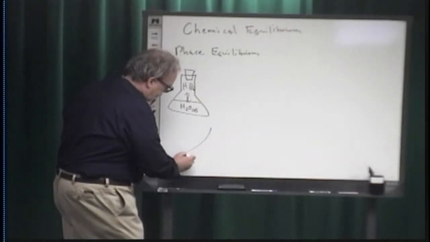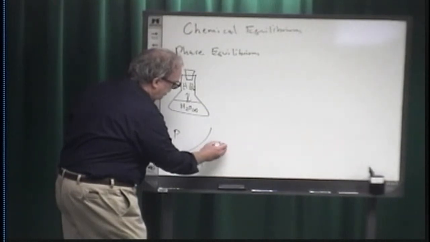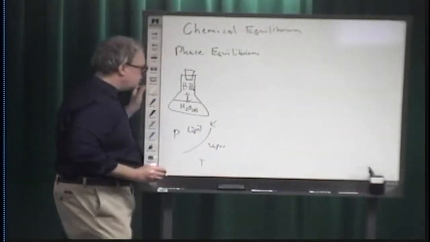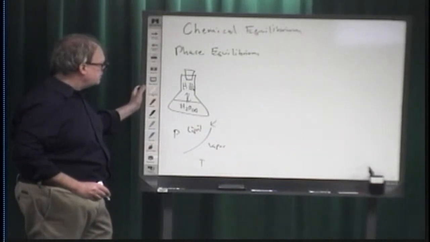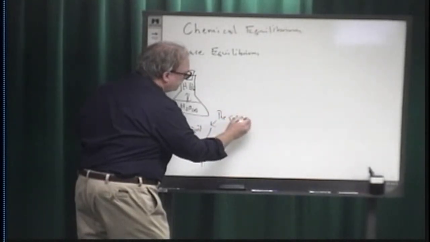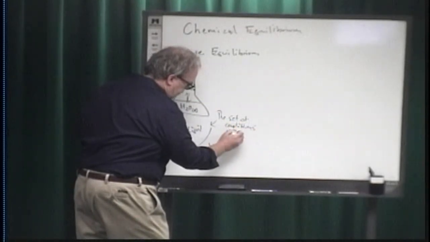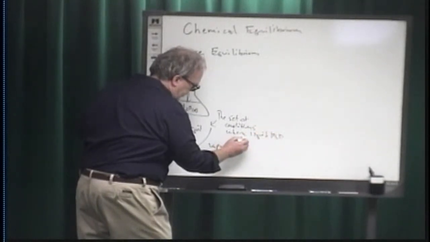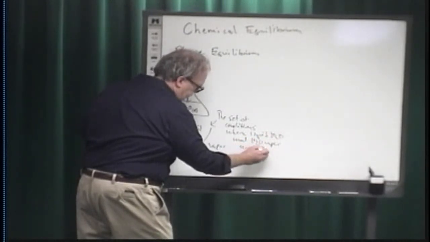And if you look at the phase diagram of water, with temperature versus pressure, you have water vapor and liquid water. The line dividing the two phases, the liquid and vapor phase, in the temperature and pressure plot, is the set of conditions where liquid water and water vapor are at equilibrium.